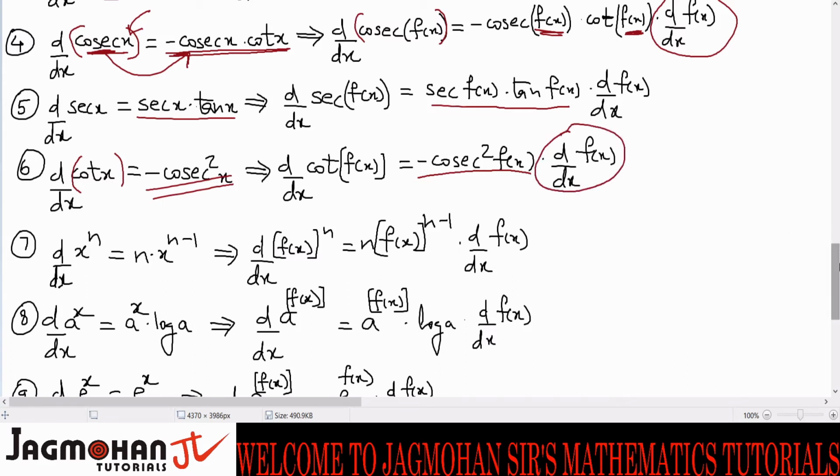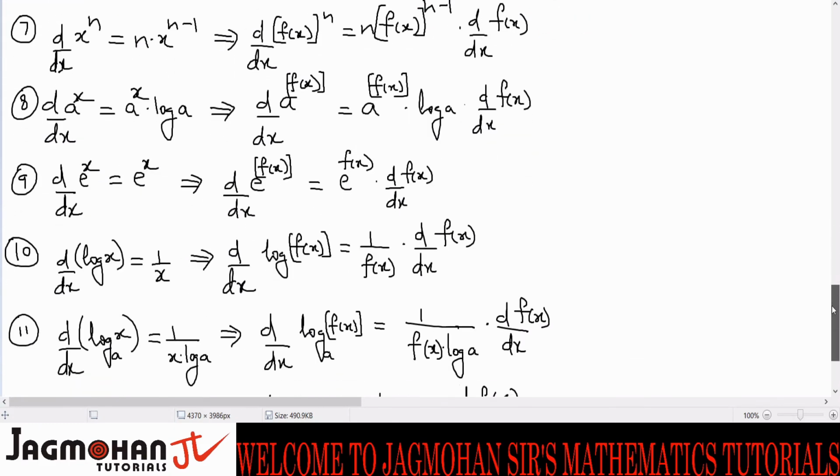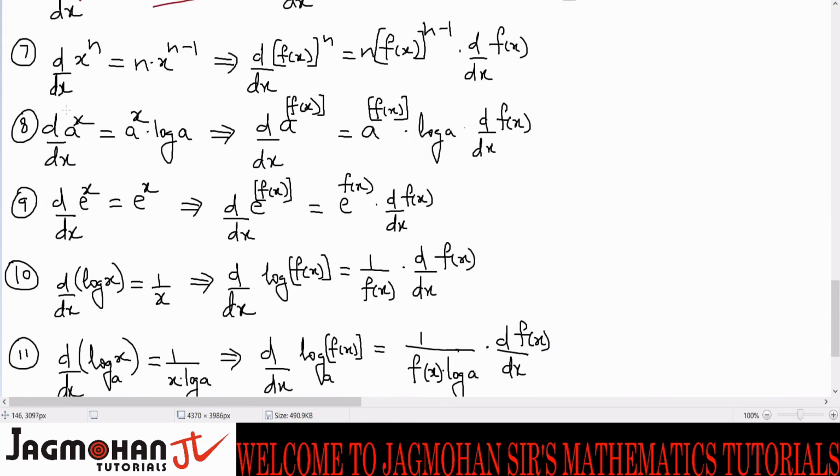After this we have variable raised to constant, that is d by dx of x raised to n. Look at this, variable raised to constant. What is d by dx of x raised to n? Here we have variable x raised to n, differentiated with respect to x. It is n times x raised to n minus 1.